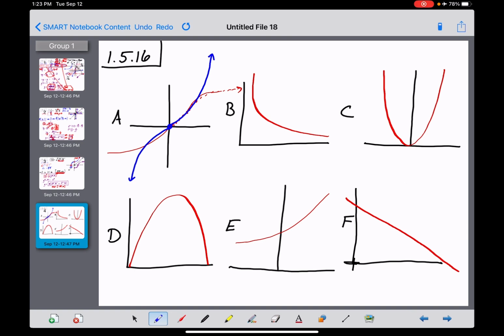Now B is a funny one because B exists entirely in the first quadrant, where both your x coordinate and your y coordinate are positive. And when you invert a first quadrant point, it was positive comma positive, when you invert that, you still end up with positive positive. So since this graph was entirely in the first quadrant, its inverse is going to be entirely in the first quadrant as well.